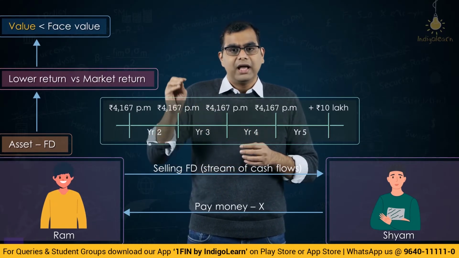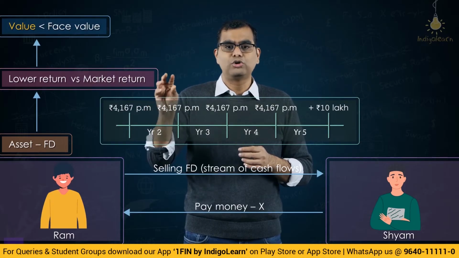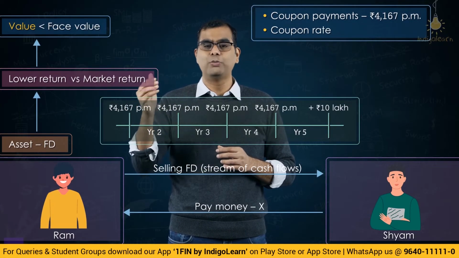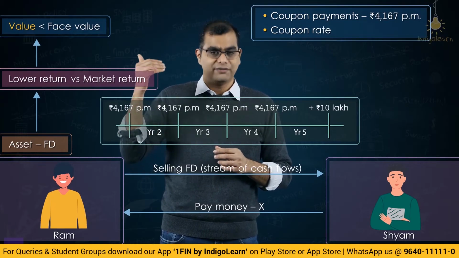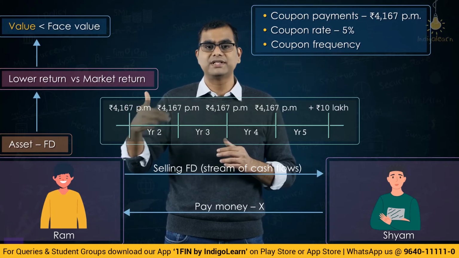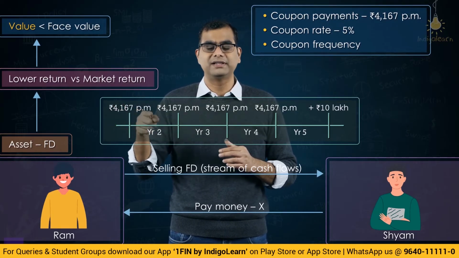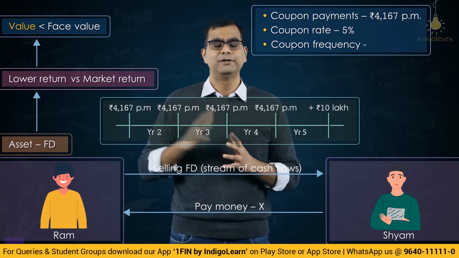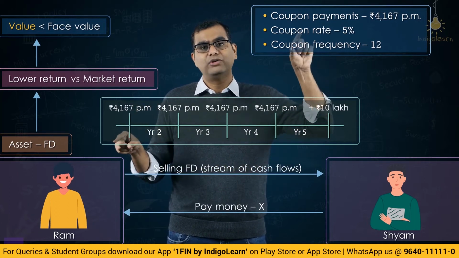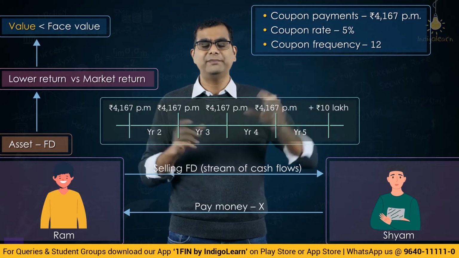Those payments are called coupon payments, and the interest rate is called the coupon rate. The coupon rate is 5%. Coupon frequency, that is, how many times it is paid in a year? The frequency is monthly, so it is paid 12 times. Frequency is 12, right? And the market interest rate is now 10%, whereas the coupon is 5%.